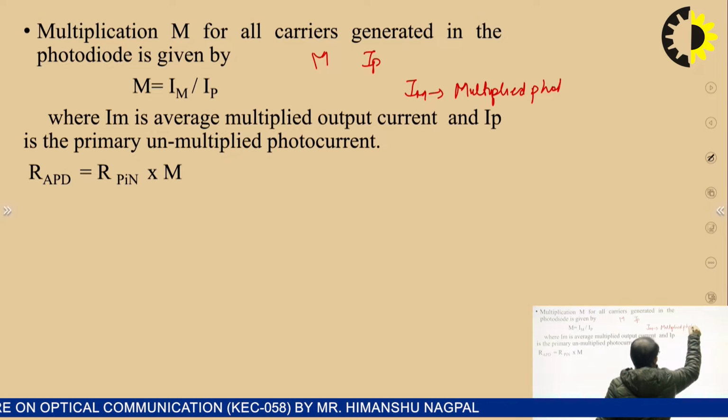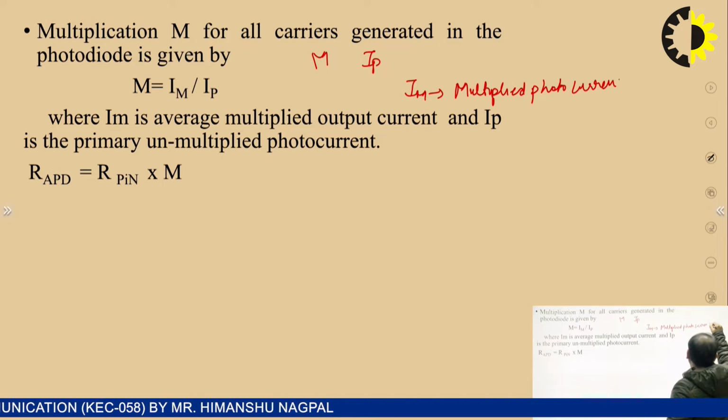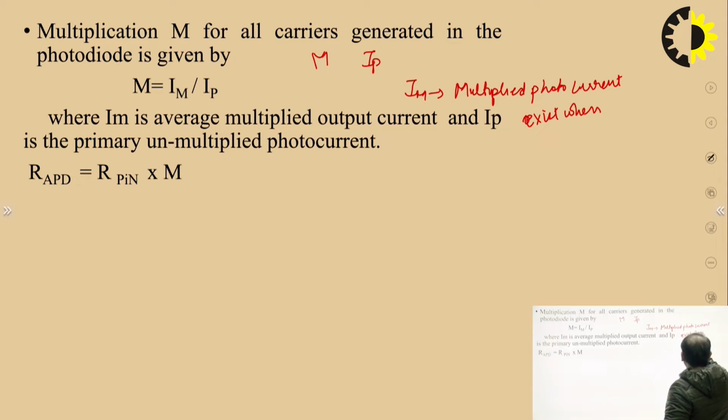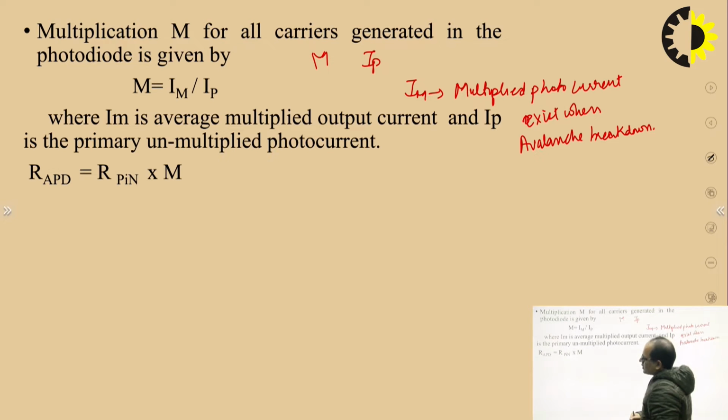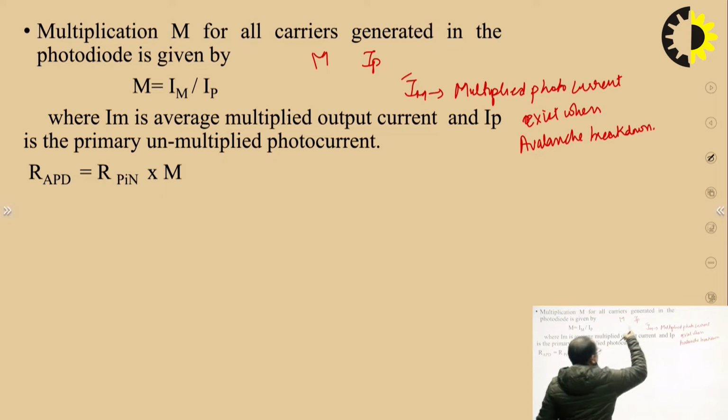This multiplied photocurrent exists when avalanche breakdown is there. The factor by which the avalanche current IM is greater than IP is the multiplication factor.